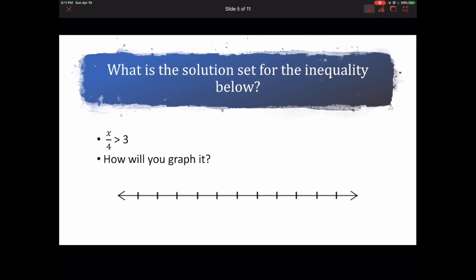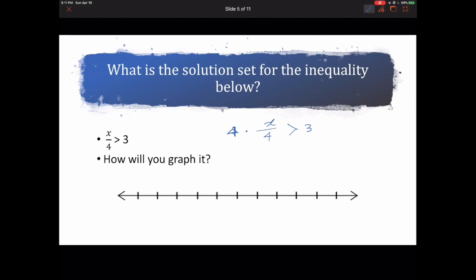Moving on to the next one. This is a division problem. I have x divided by 4 is greater than 3. Same thing, we have to do the inverse operation, which is multiply. Sorry, it's by 4. When I say multiply, I'm multiplying by the reciprocal.